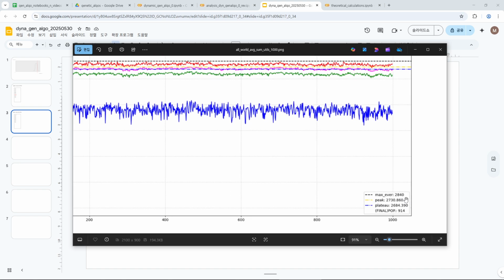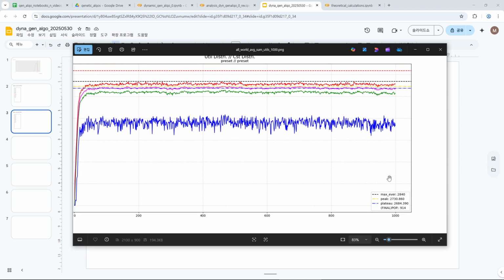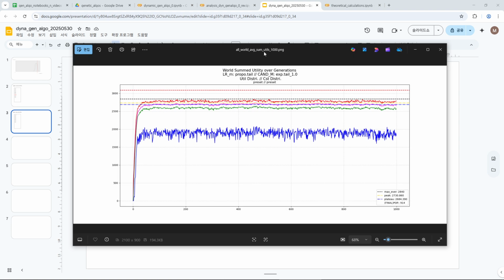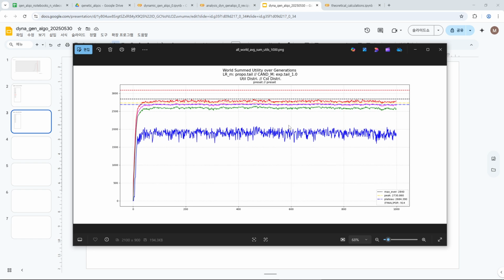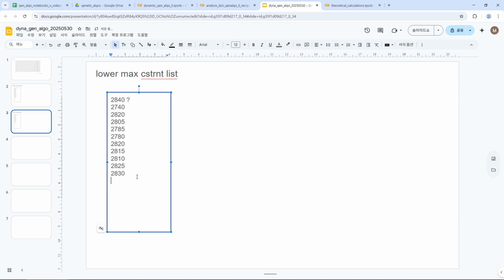And now we have 2840 again, when using a very extreme entity distribution. So it seems that all hope is lost, doesn't it?